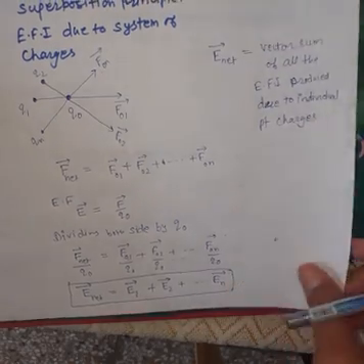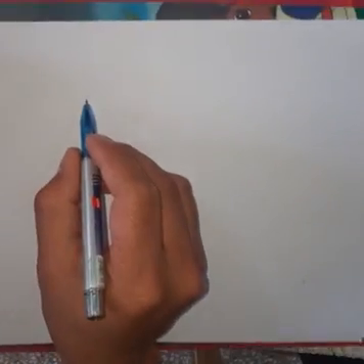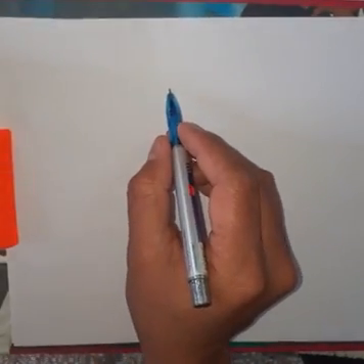So over here student, now we are going to learn about suppose I am having two electric fields that are going to act at an angle. Okay, so here I am going to note down this one thing.